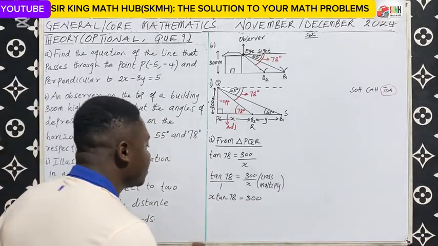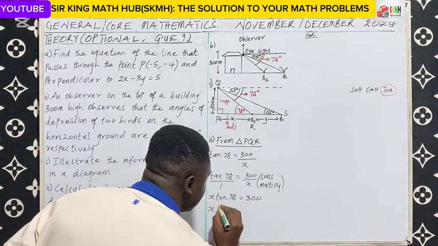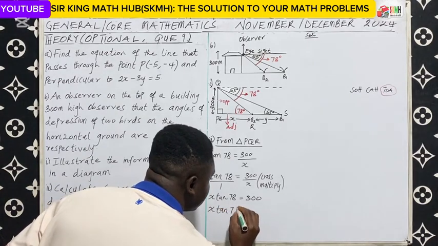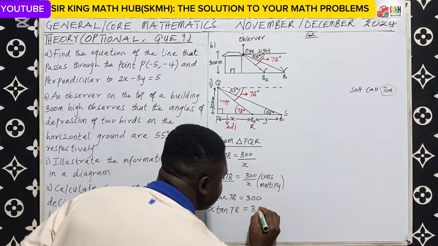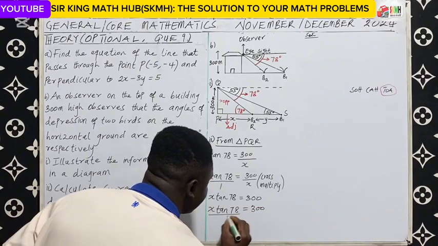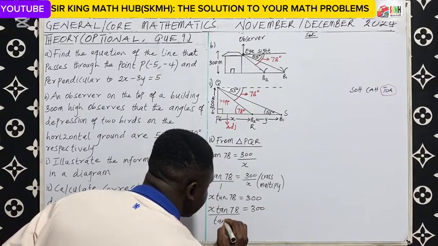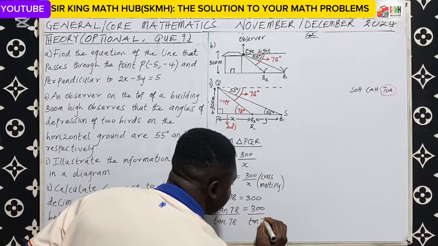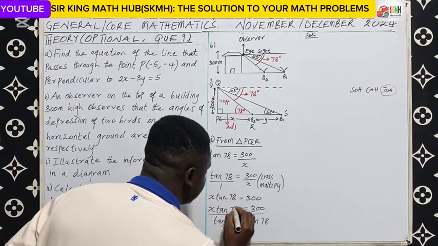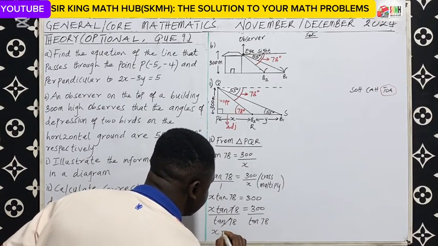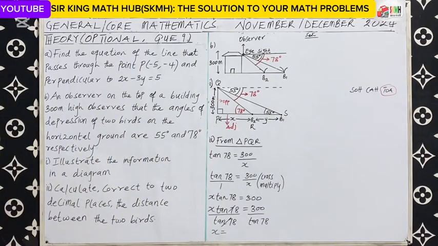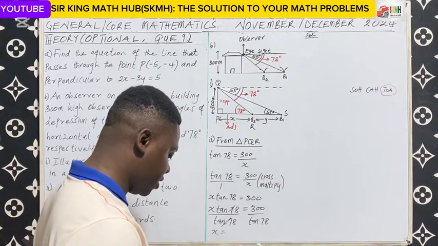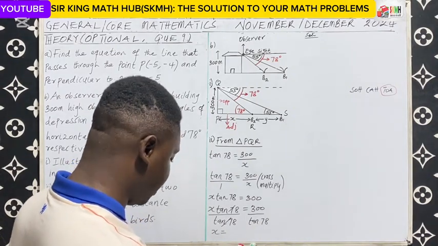We are looking for x. So we can divide both sides by tan 78. So we have x is equal to 300 divided by tan 78.